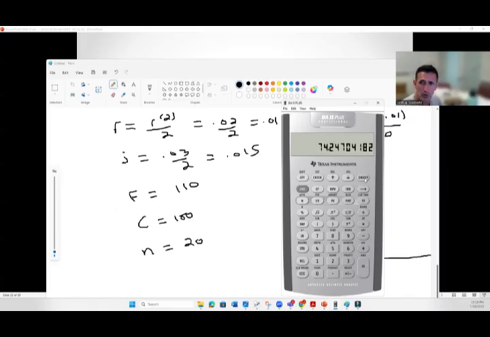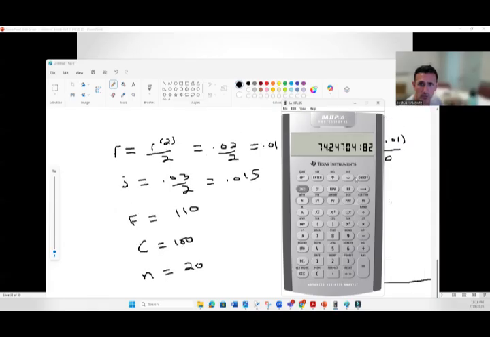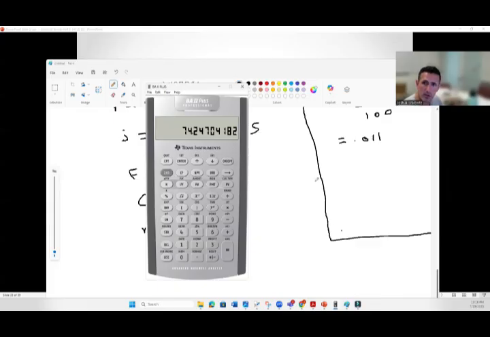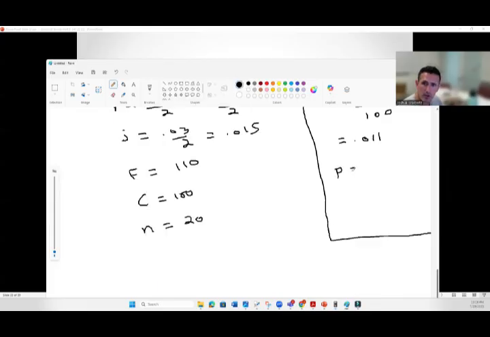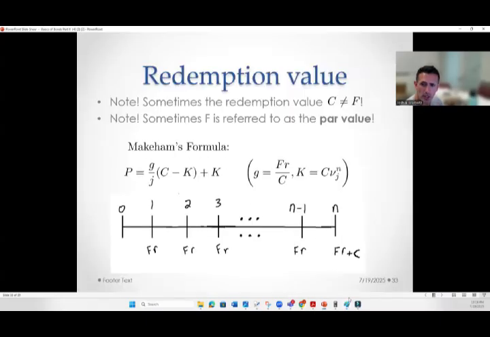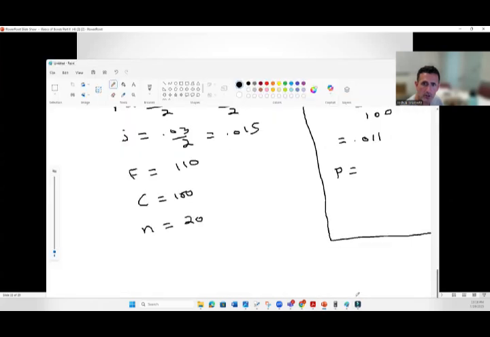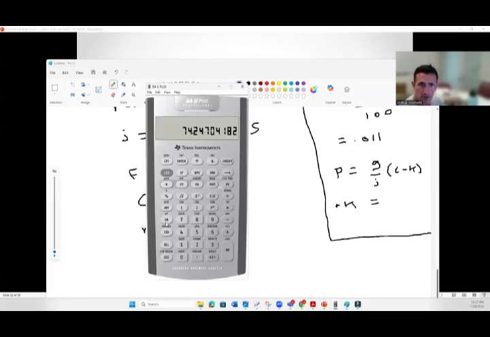All right, so let's now go to Makeham's formula. G over J times C minus K, plus K. Oh, okay, I already got K here, so it's good.